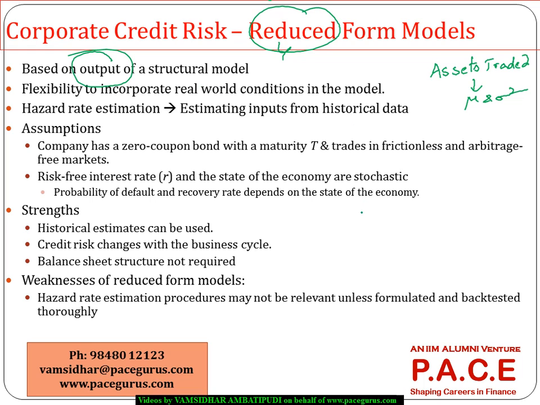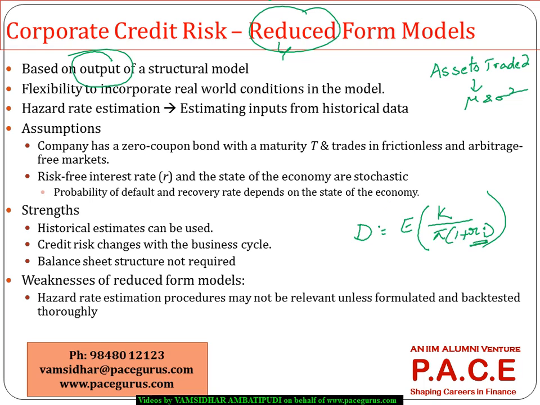So they generally go with incorporating the real world scenarios into the model, because here when I am looking at the debt using the reduced form kind of model, it goes simply as the face value of the debt divided by the multiplication of 1 plus R1, 1 plus R2 for each of the periods, different interest rates. The structural models assume that the risk-free rate of return is constant, whereas this model does not assume that.